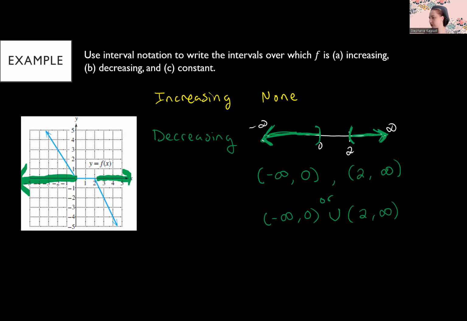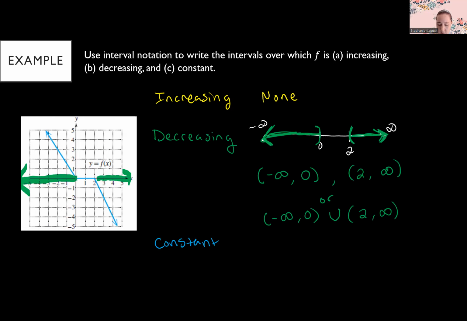I usually do the union, but some books, like in pre-calc, want a comma. Take a look at the options you're given. They're both basically correct, but if they give you the possibility of entering a union symbol, use that, because that's what they're anticipating. So that's decreasing. Next is constant.